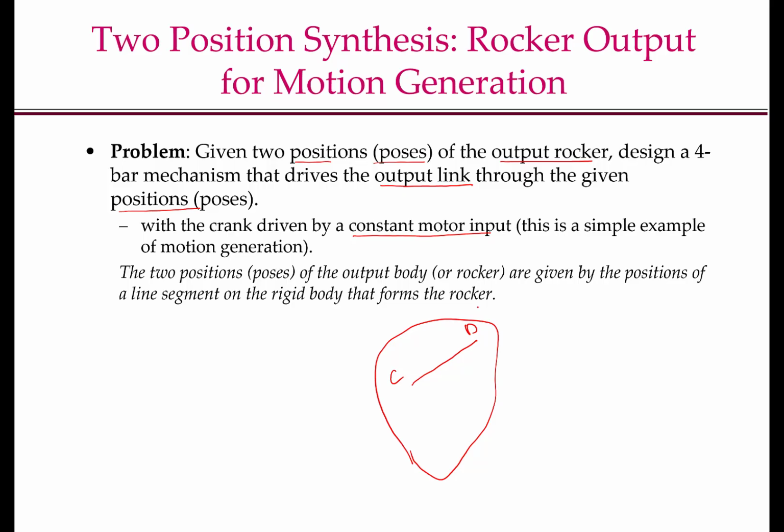So what does it mean to prescribe this line segment CD? It means that you prescribe the coordinates of point C, which is XC, YC, and we prescribe this angle theta, with theta measured positive counterclockwise from the x-axis. So we will be given two sets of numbers, XC, YC, and theta.